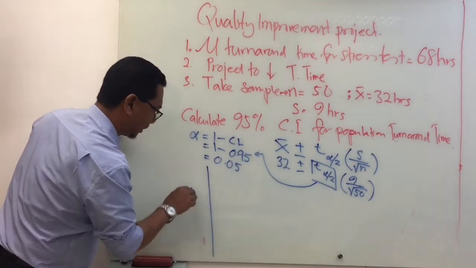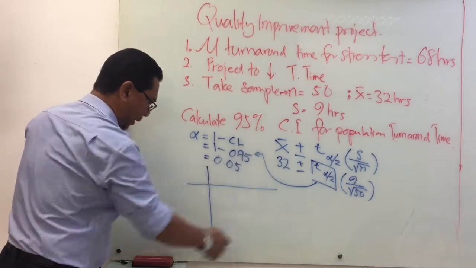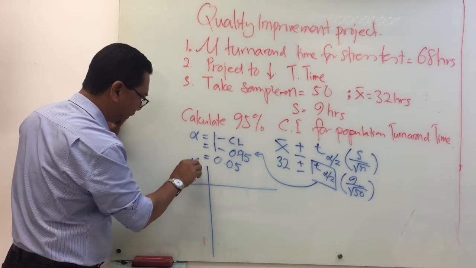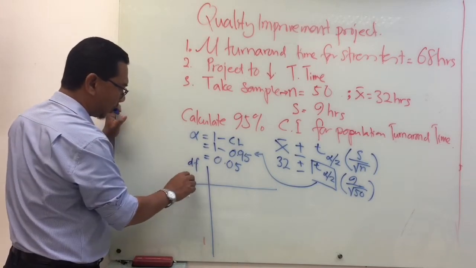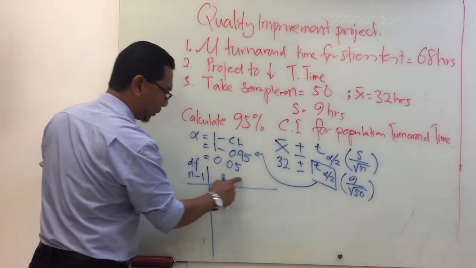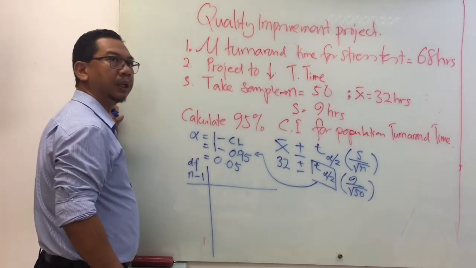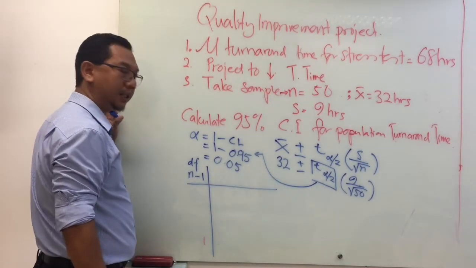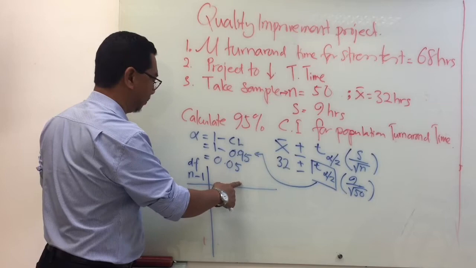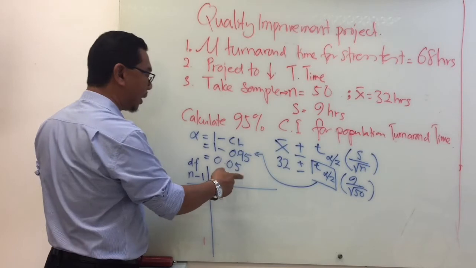Let's say this is the t table. In the t table, we have one column on the left called df, which is the degree of freedom. The formula for degree of freedom is n minus 1. Up here is the area for alpha, one tail.